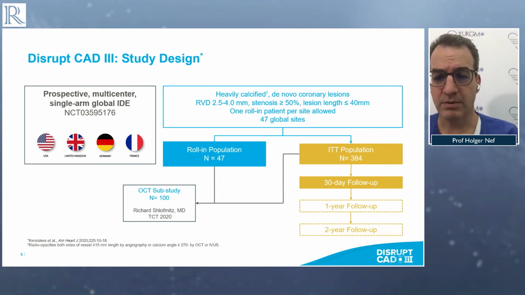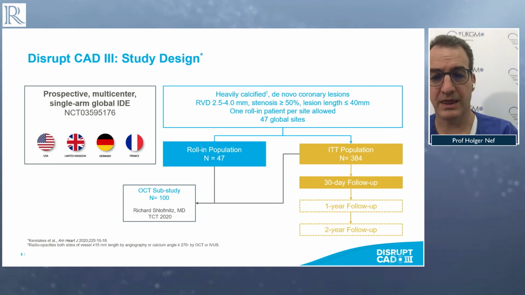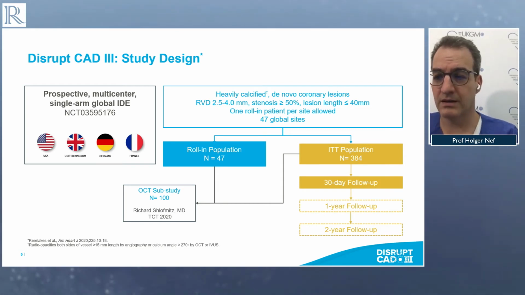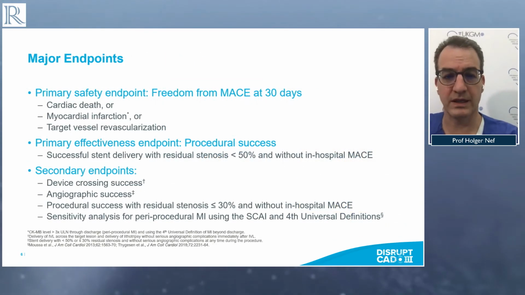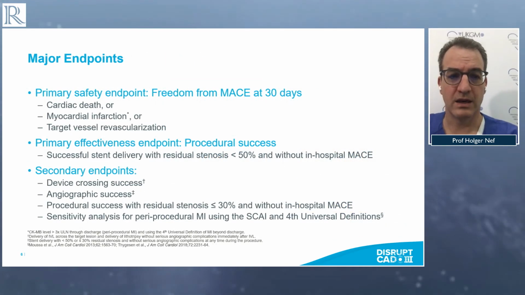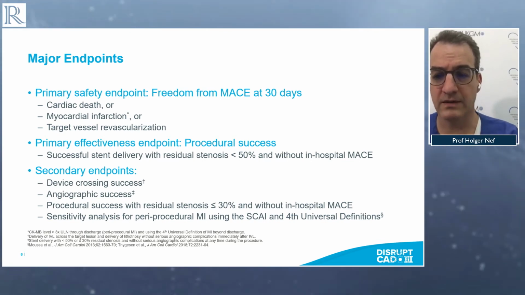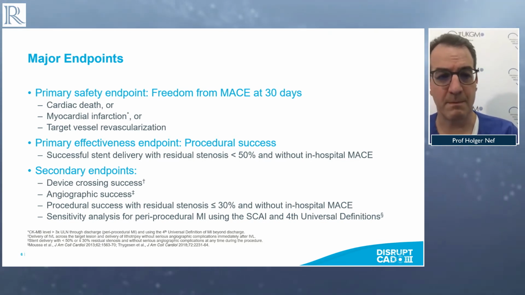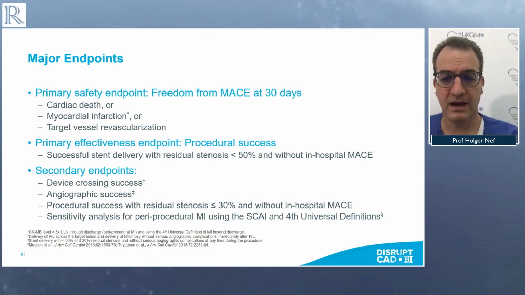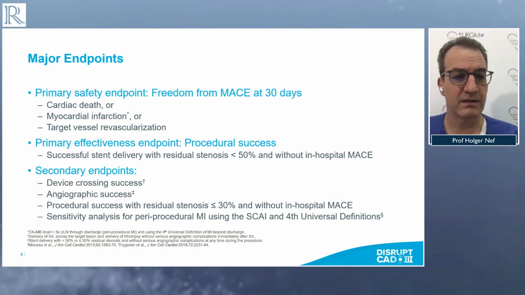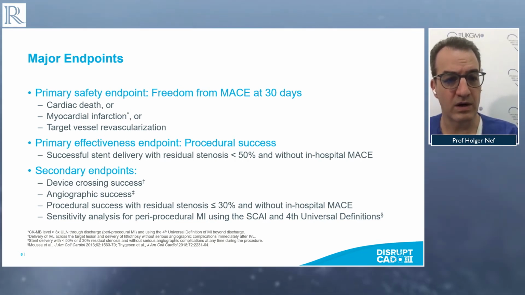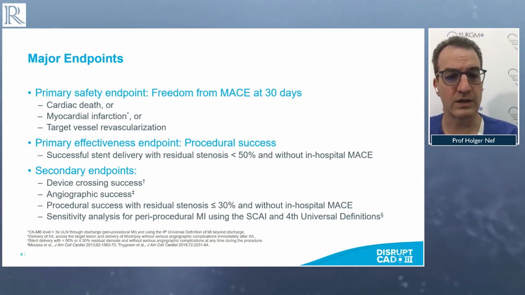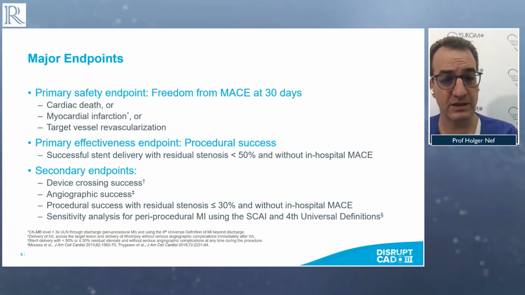Well, the primary endpoint was assessed at 30 days follow-up, and there was a 100-patient OCT result in the OCT sub-study. The major endpoint was the freedom of MACE at 30 days, and MACE was defined as cardiac death or myocardial infarction or target vessel revascularization.